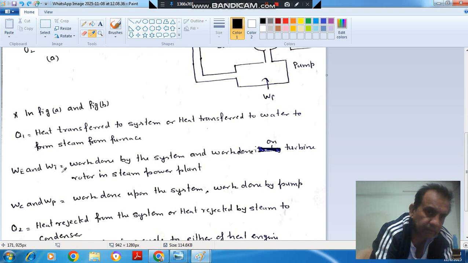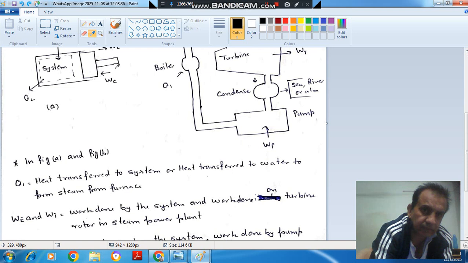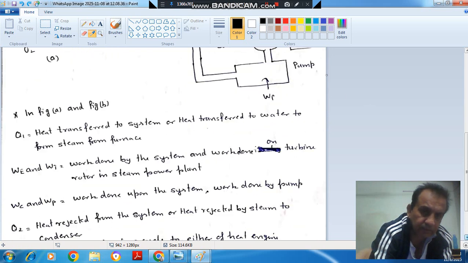WE and WT. WE is your work obtained during expansion in case of IC engine, and WT is turbine work obtained from the turbine, or work done by the steam on the turbine rotor, or work done by system.